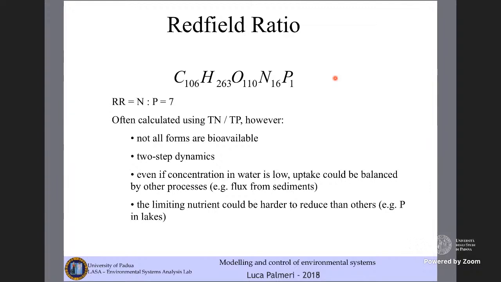And then we may also consider that even if the concentration in water is very low, uptake could be balanced by other processes, like for example the resuspension fluxes from sediments. The limiting nutrient could be harder to reduce than others. For example, phosphorus in lakes is harder to reduce. This is why the limiting nutrient is also linked to the nutrient that is harder to reduce.